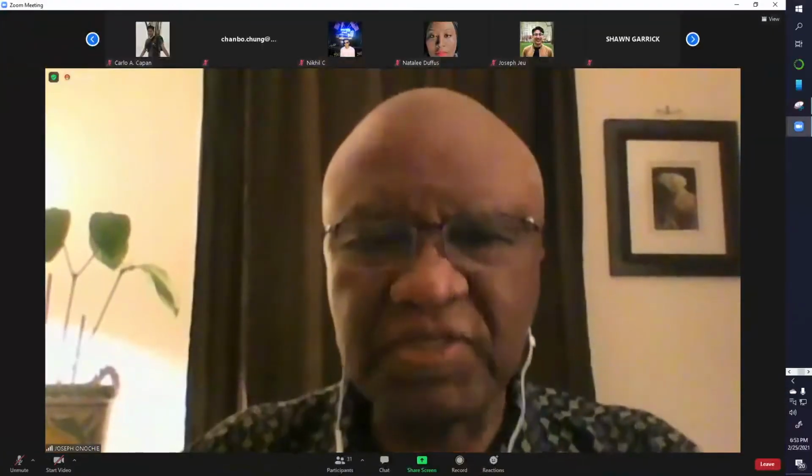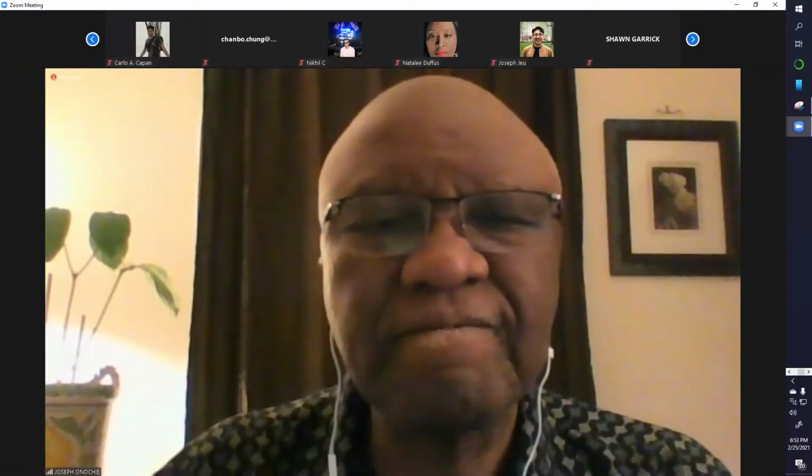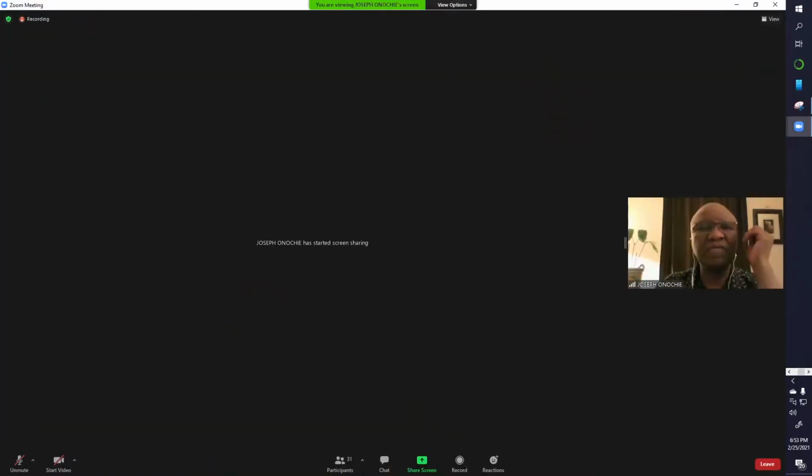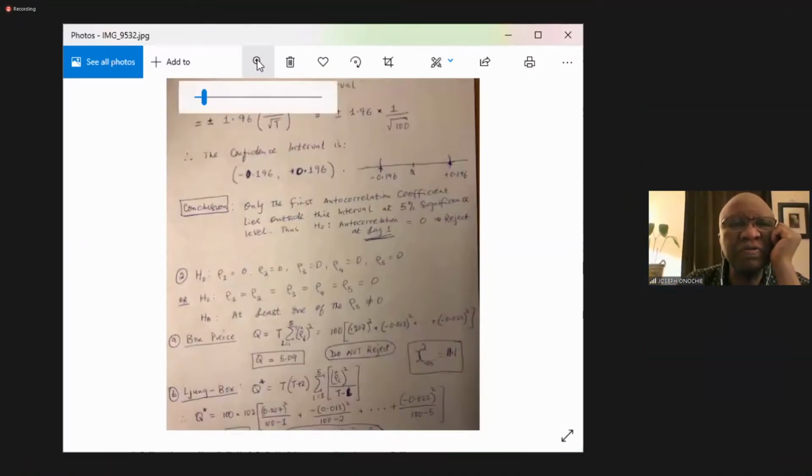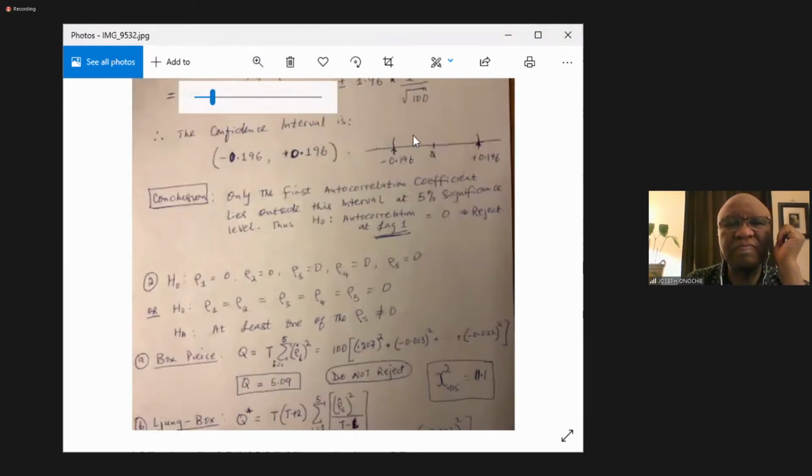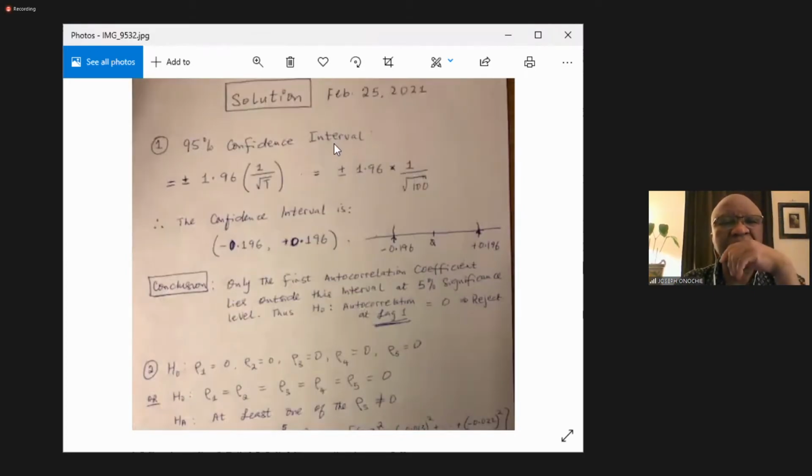So everybody look at my solution. Here I'm saying I want to create an interval of plus or minus 1.96 times this sample standard deviation, and the standard deviation of autocorrelations is given by 1 divided by square root of T. Your textbook shows you why we make that approximation.